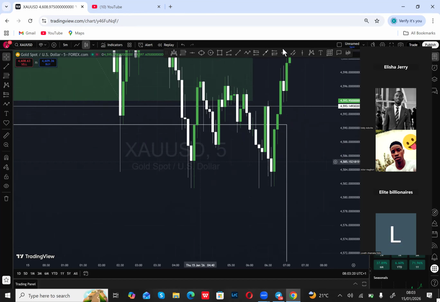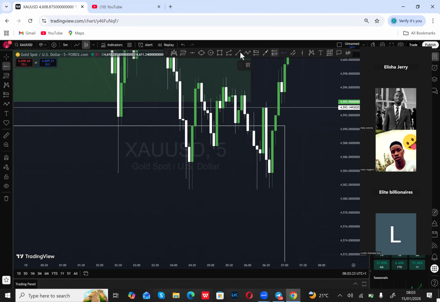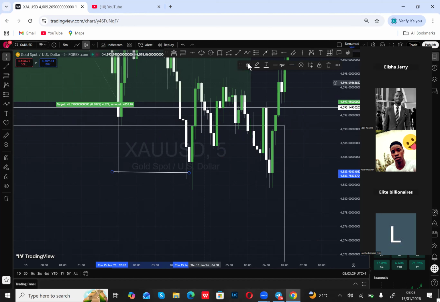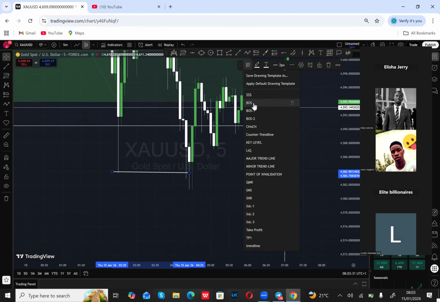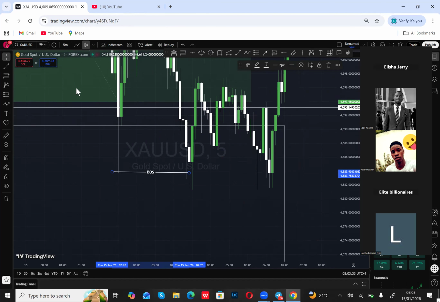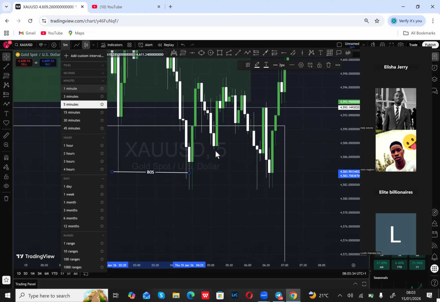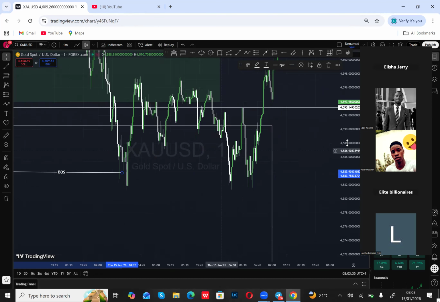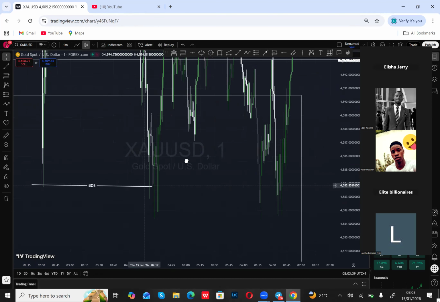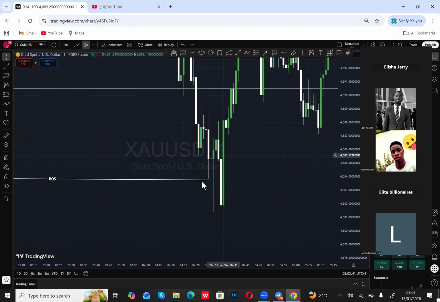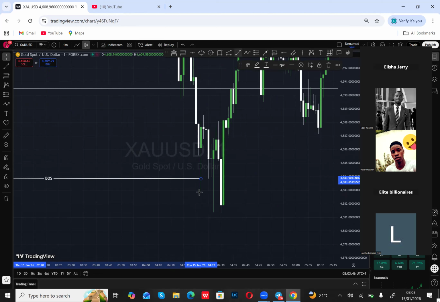This is how I'll send you a before of my MetaTrader 5. This was the last one I saw here. On the 1 minute, I had this here as a break of structure, and this here as another break of structure.